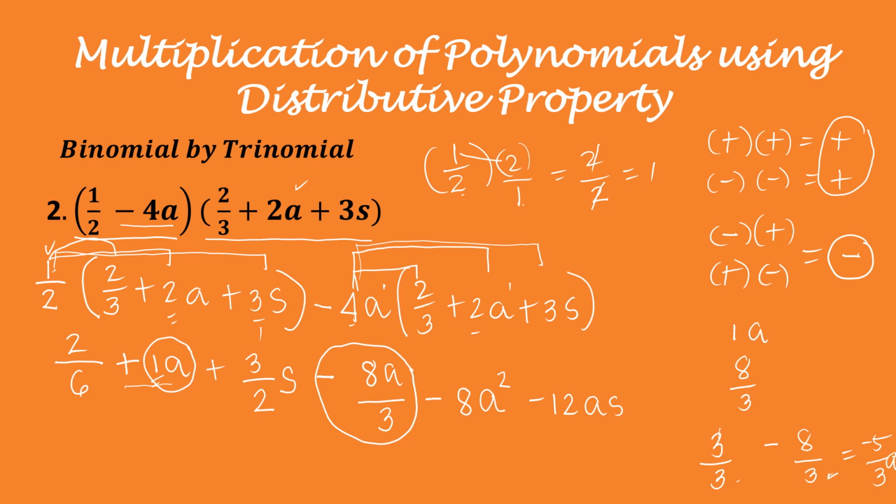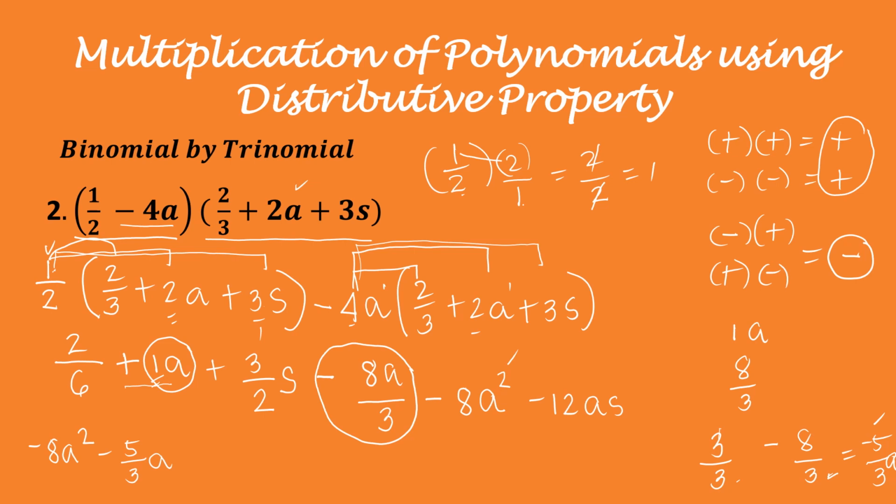So therefore, what is our final answer? So we could have it, let us first have the negative 8a squared, followed by the negative 5 thirds a. Okay, done. We are done with this.